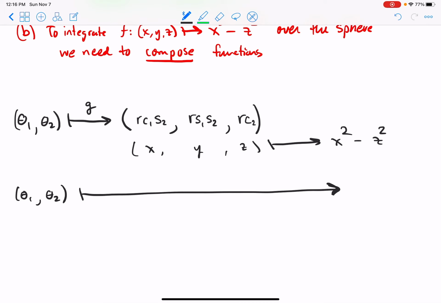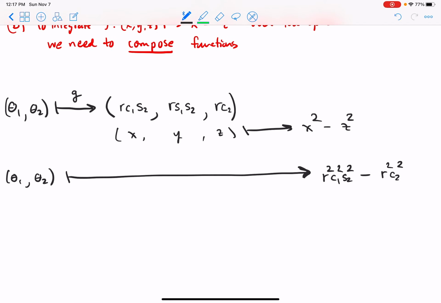And wherever we see an x, we will replace it with this. So r squared, c1 squared, s2 squared. Minus, now a z squared gets replaced by this. c2 squared. And now, you could factor out the r squared, but it's not going to give you something that remains that can cancel very easily. So we'll just keep it like this.